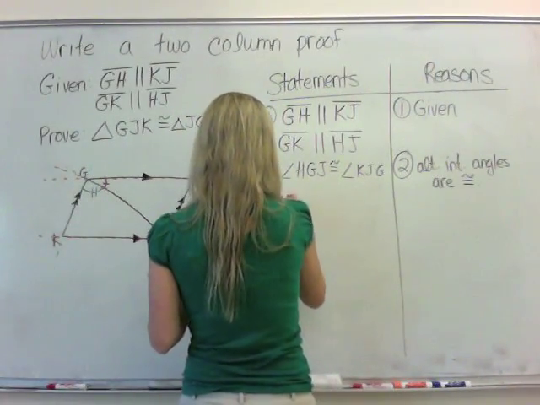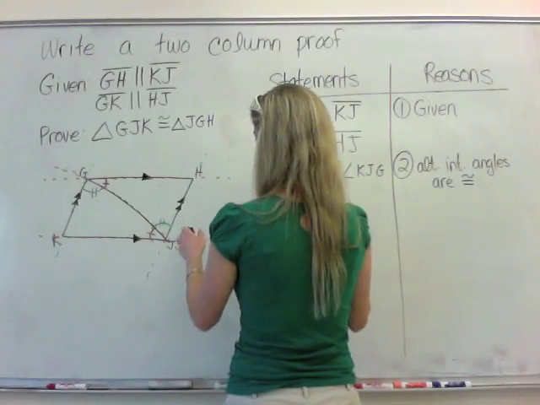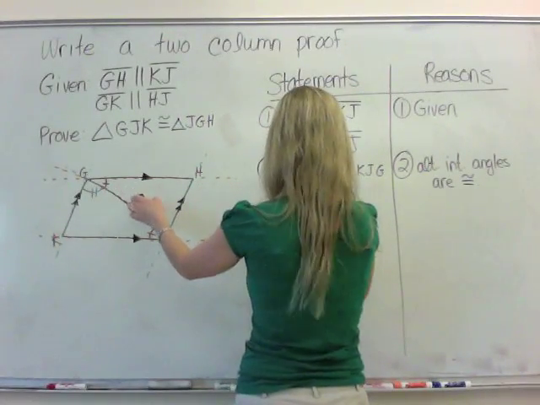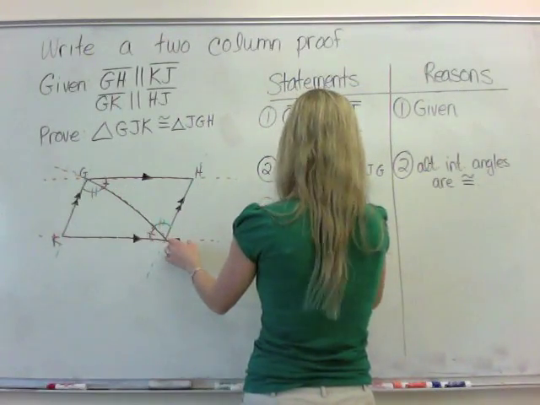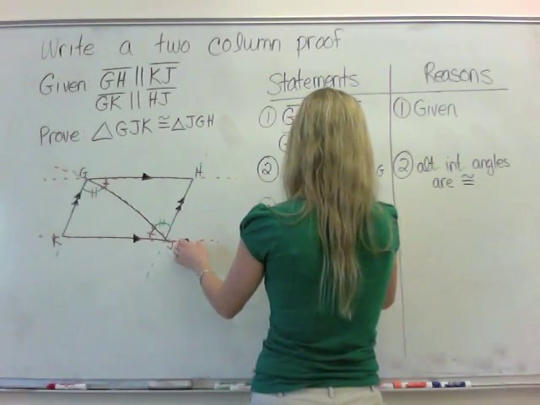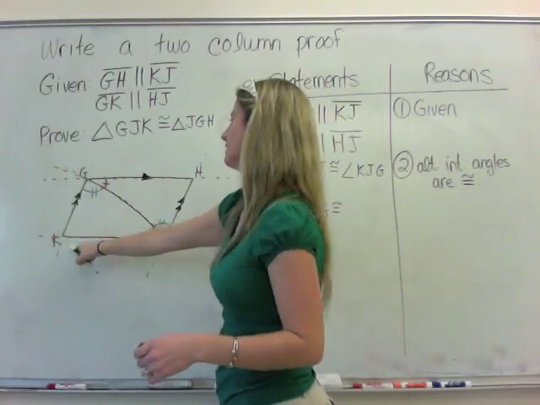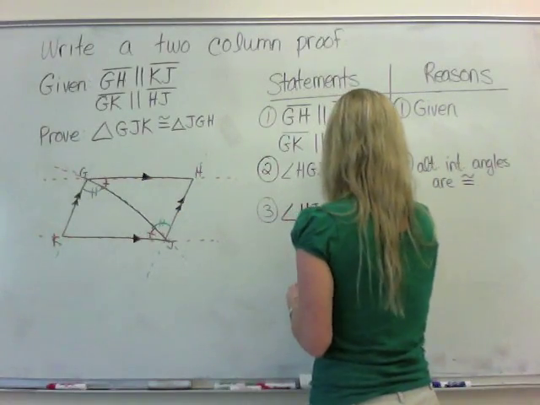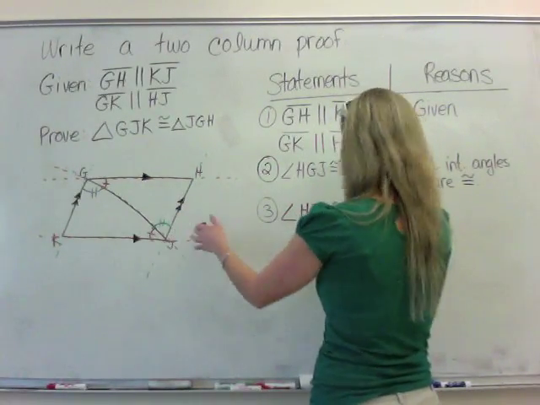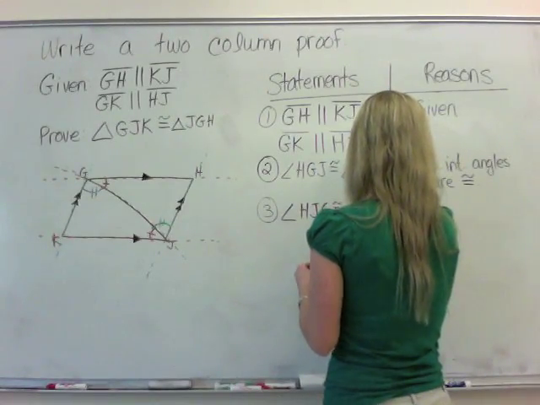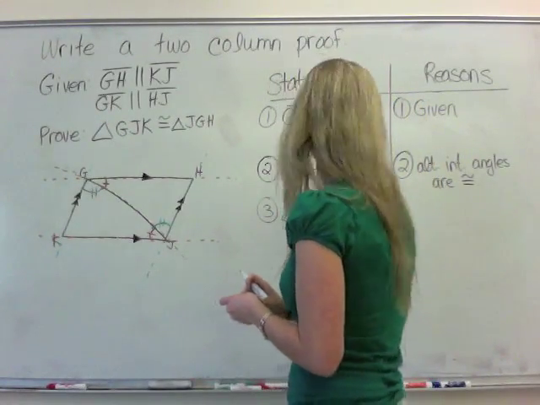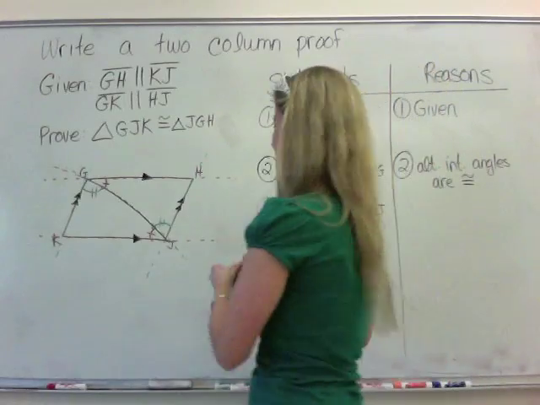So step 3, angle, what did I say? HJG. All these G and J sounds are confusing me. HJG and KGJ. Next time I'm going to pick letters that don't have the same sound at the beginning.